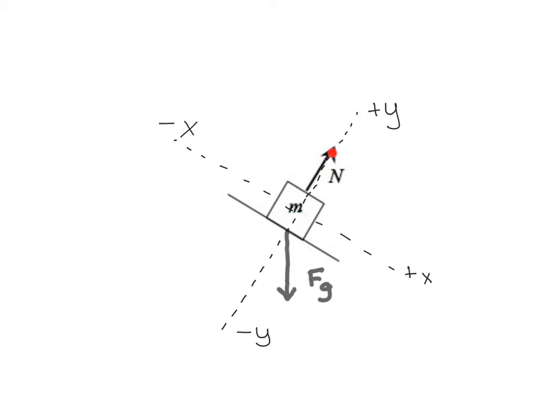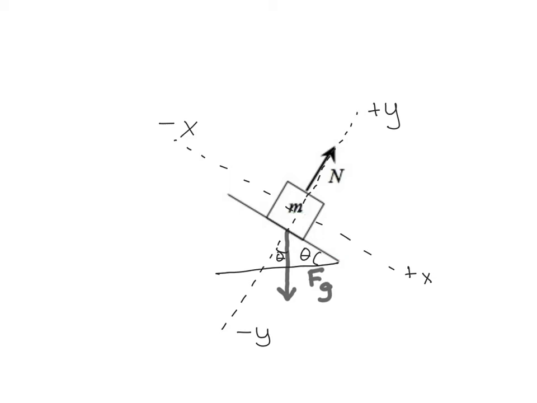The normal force remains perpendicular to the ground, but the gravity force still points down to where the original ground was. So it no longer is along the xy axis grid. And in fact, the angle that separates the gravity force from the negative y-axis right here is exactly the same angle that was made when the incline was raised up relative to the horizontal ground.